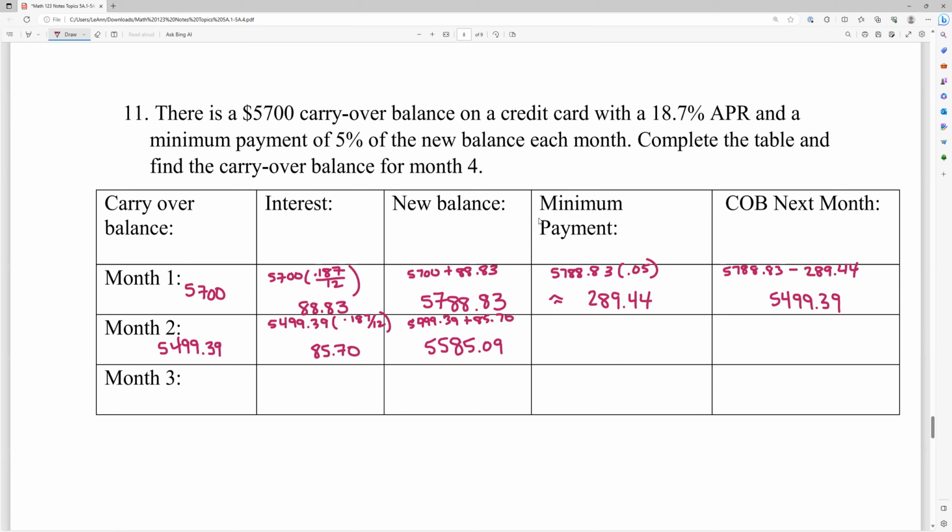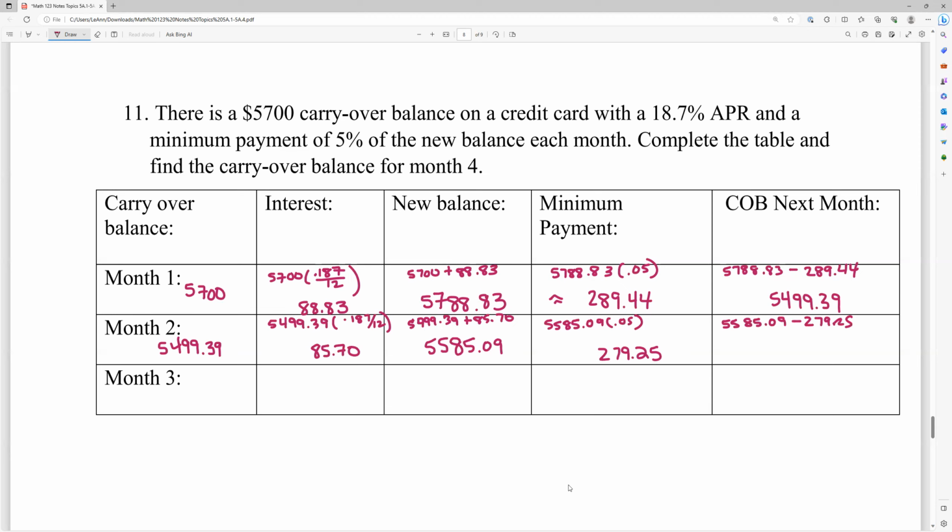And then we need our monthly minimum payment. So we're going to take this new balance and times it by 5%, since that's the credit card's rule for how they figure out your monthly payment. Minimum monthly payment is $279.25. We're going to stay in good standing and pay that off, at least that part of the debt.